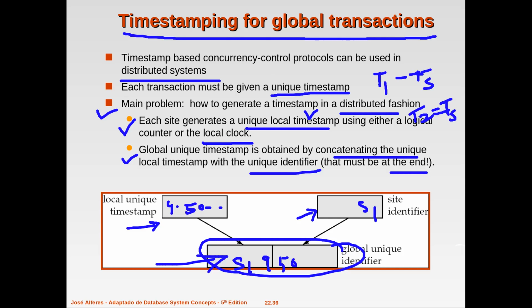So if every transaction is provided with a timestamp for access to different data items, or for each of the operations in the transaction, then based on the timestamp the items can be accessed without affecting one another. So this is the second type of concurrency control mechanism used with distributed databases.